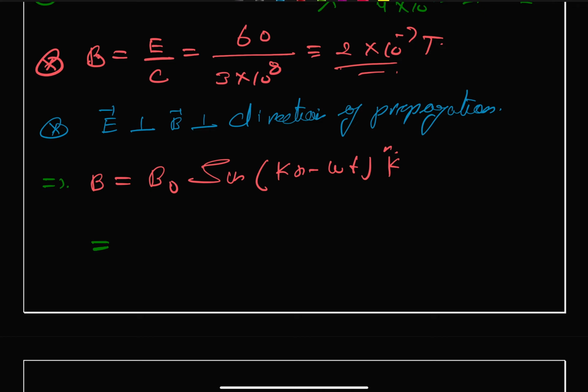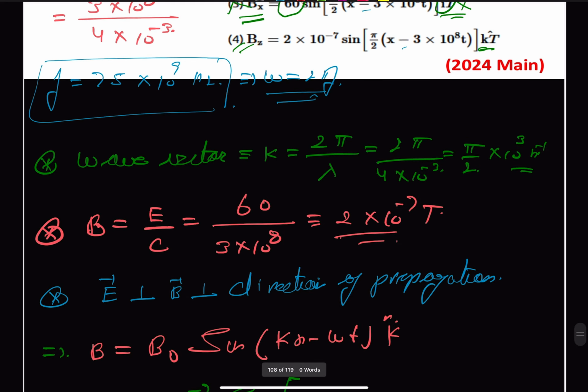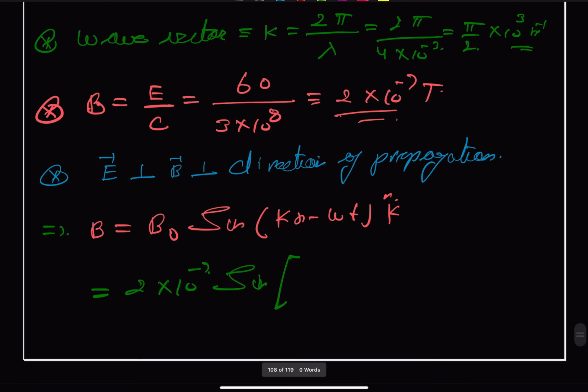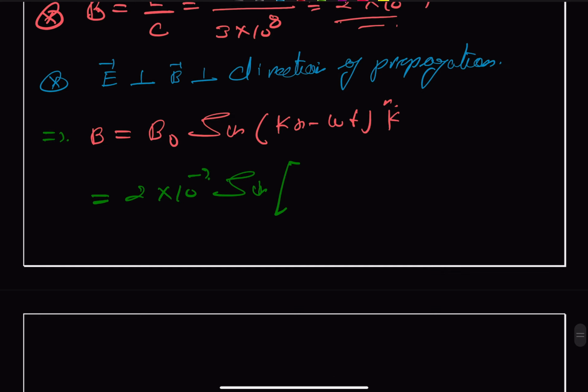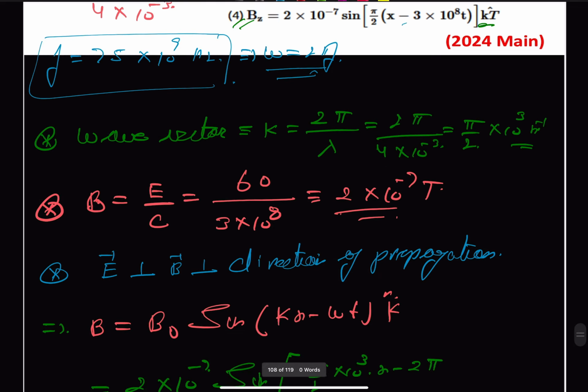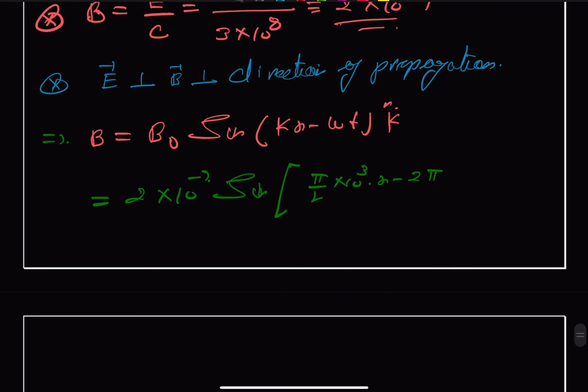B naught is 2 into 10 to the power minus 7, and this is sine of, our k vector is pi upon 2 into 10 to the power 3, so we can write pi into 2 into 10 to the power 3 multiplied by x, minus 2 pi f, and f is 75 into 10 to the power 9.